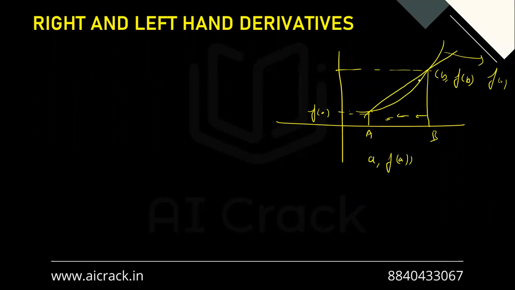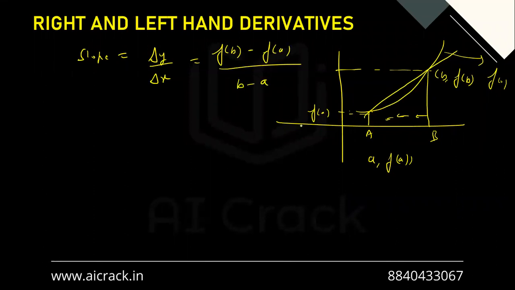We'll find out the slope of the secant. Slope would be delta y by delta x. We all know that, right? So what is delta y over here? That is f of b minus f of a divided by b minus a. Now let's consider a limiting case. We know that b is nothing but a plus h.